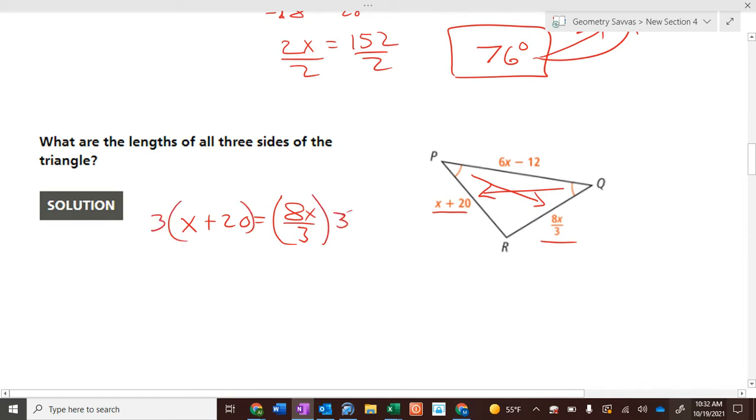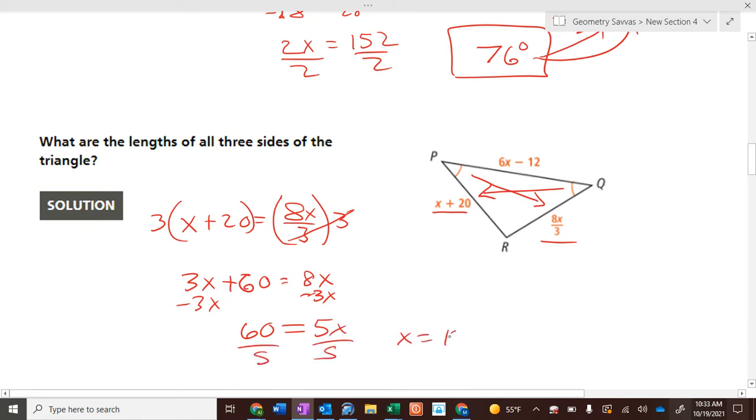If we multiply both sides by 3, the 3's cancel here, and we get 3x plus 60 equals 8x. Now, how do we get x alone? Subtract 3x. You always move the variables first, not the numbers.